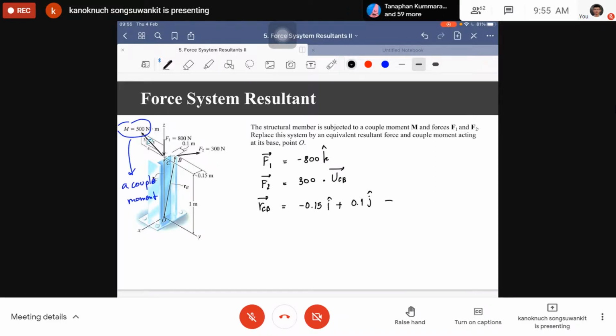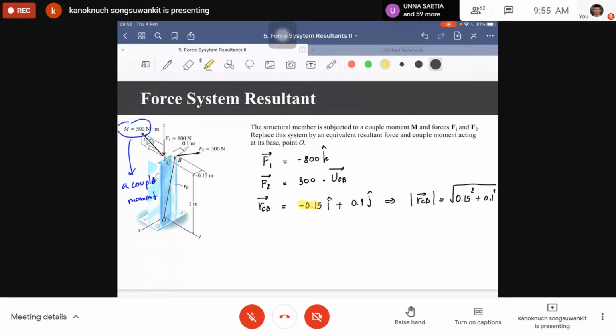And from this, you can find the magnitude of RCB equal to the square root of the sum of all squares.